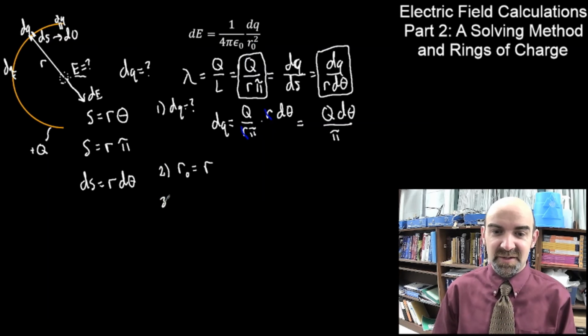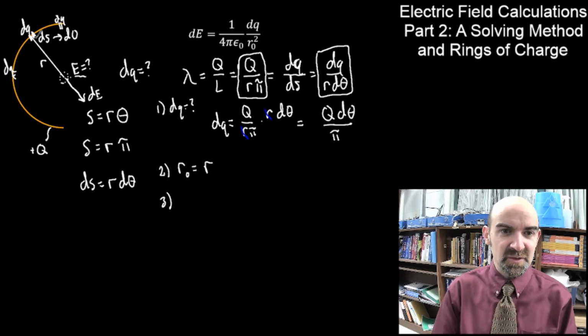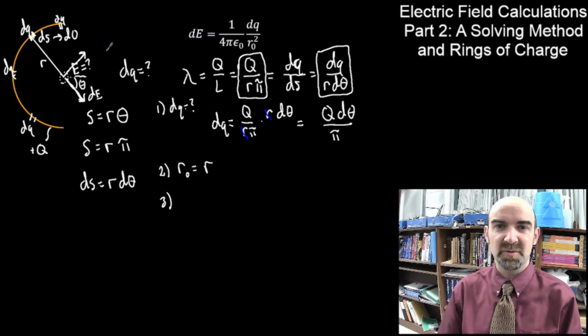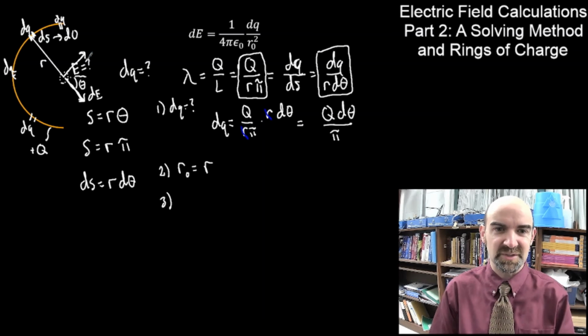Next, number three: is there any symmetry here? If I have a little dq down here giving some dE at a little angle, there's also another dq that would give an equal electric field contribution in a different direction.